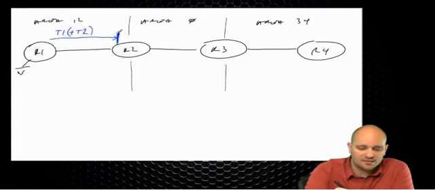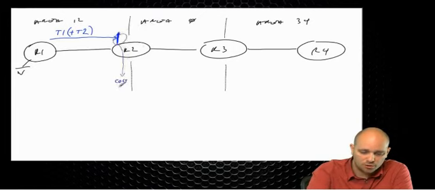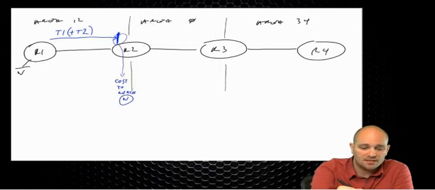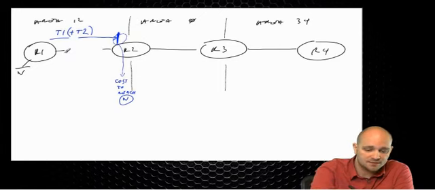Now, based on this information here, R2 is going to calculate what is the cost to reach N. Now, mind you, this was a simple network here. Maybe we had multiple devices here in between, right?